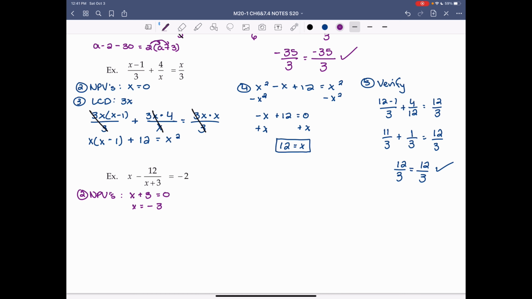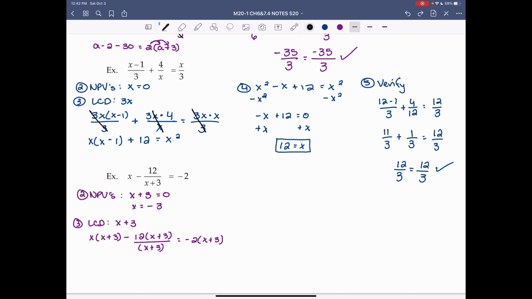Step 3, multiply by our lowest common denominator. In this case, the only denominator we have is x plus 3. That's our lowest common denominator. Multiply everything by that. We get x times x plus 3 minus 12 times x plus 3 over x plus 3 equals negative 2 times x plus 3.